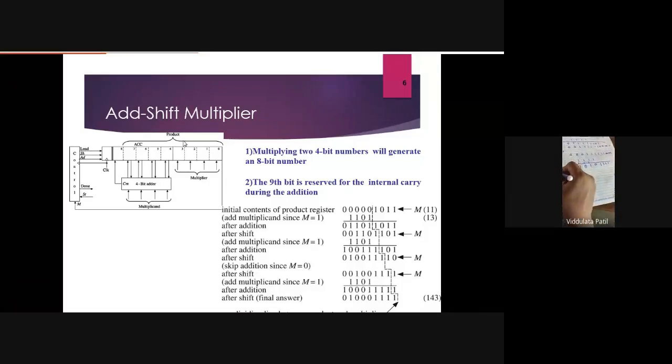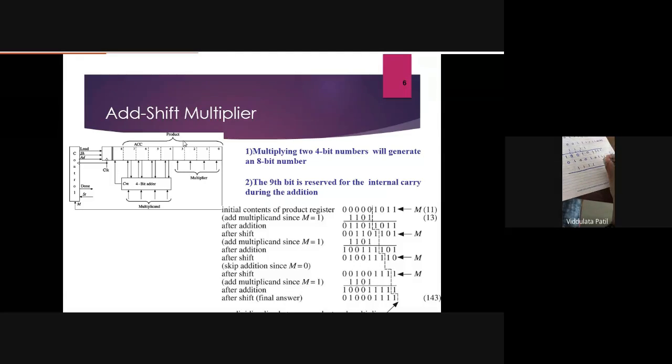Okay, now shift this number by one bit. So 0 1 0 0 1 0 1 1 1. Okay, now m is equal to 1. So add the multiplicand. So here you need to add.